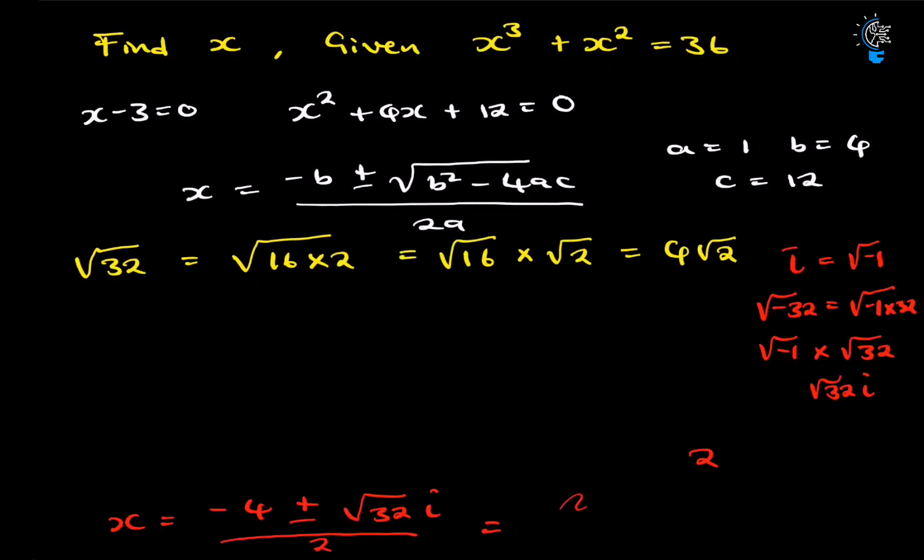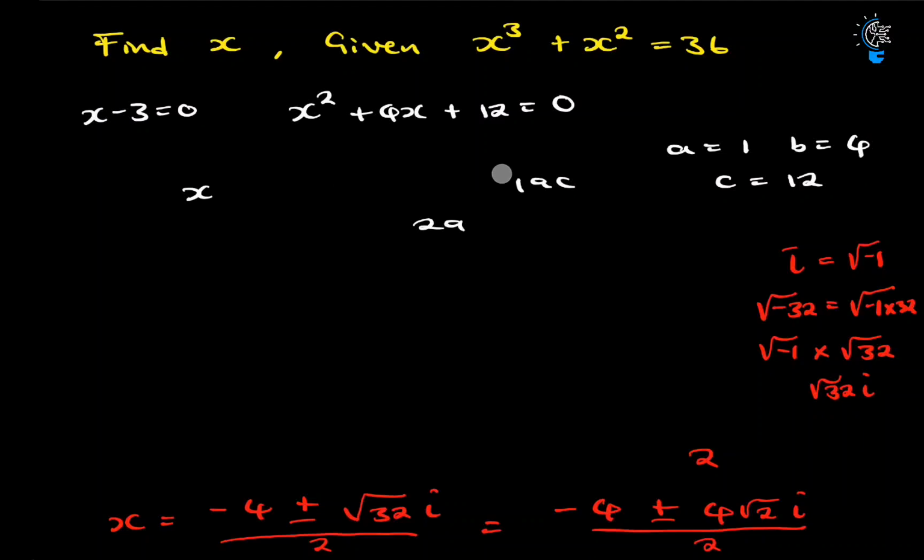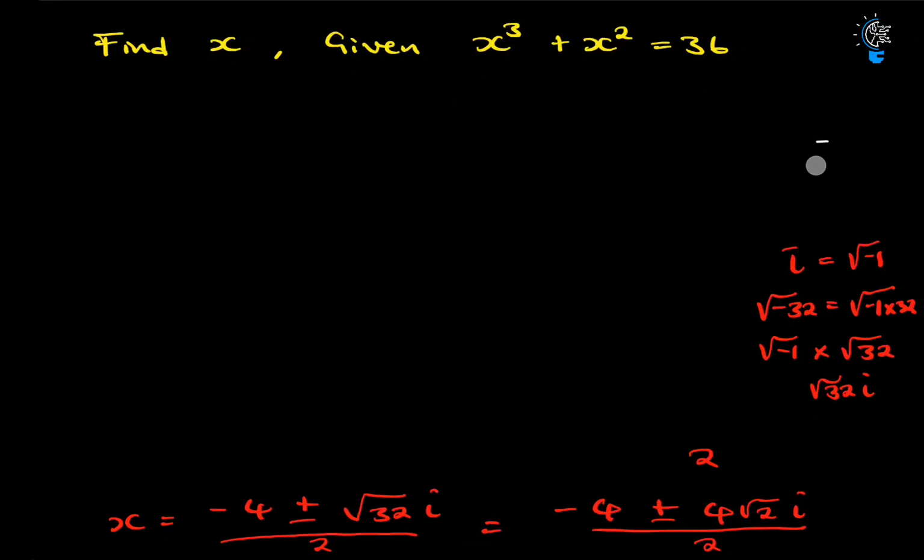So we're going to have negative 4 plus or minus 4 root of 2i divided by 2. So we have x is equals to negative 4 plus or minus 4 root of 2i divided by 2.